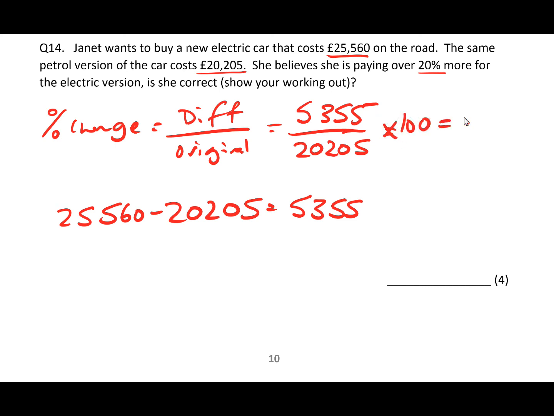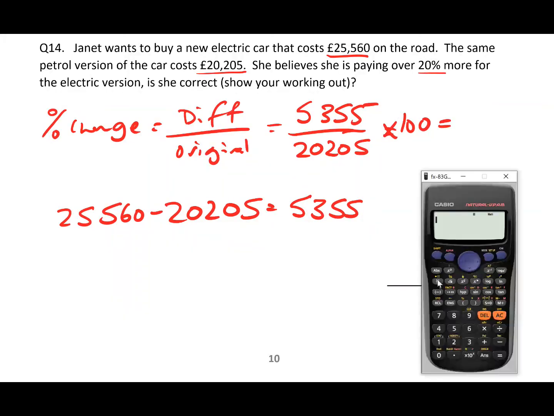So just stick this in your calculator. It's a fraction, so 5355, rocker down, the original price of 20,205 for the petrol, rocker to the right, and then multiply it by 100 to turn it into a percentage.